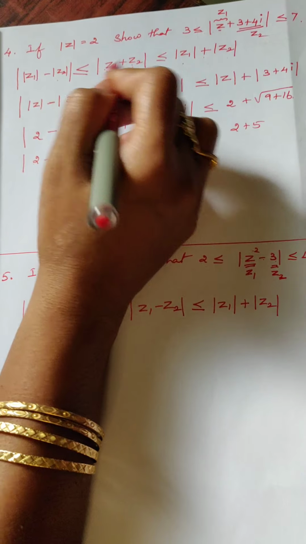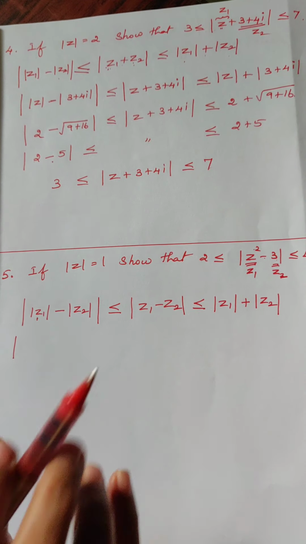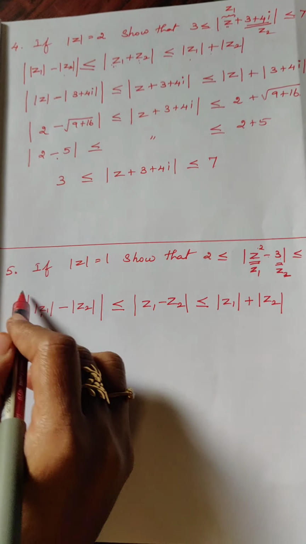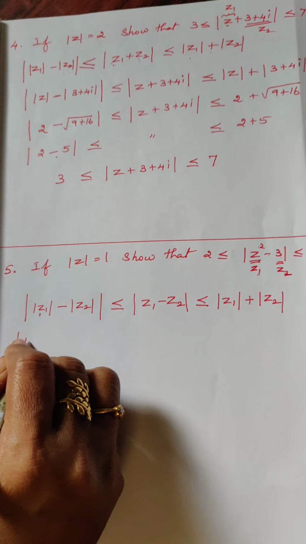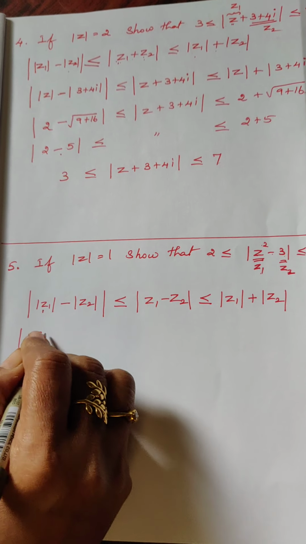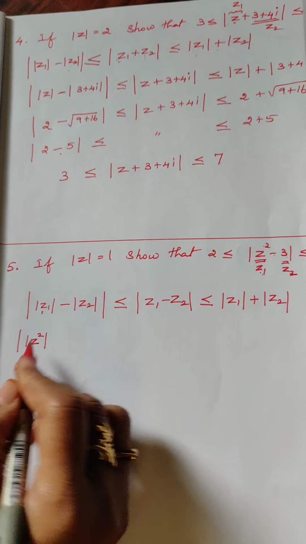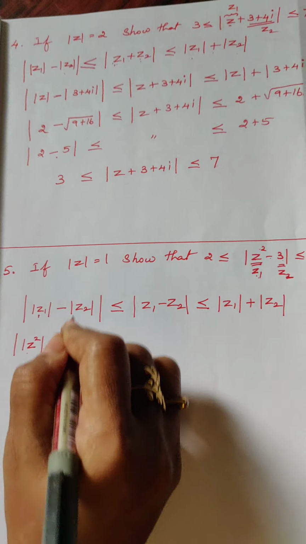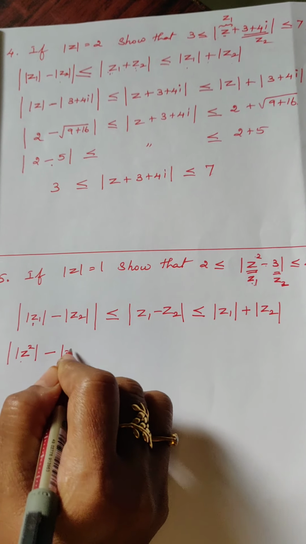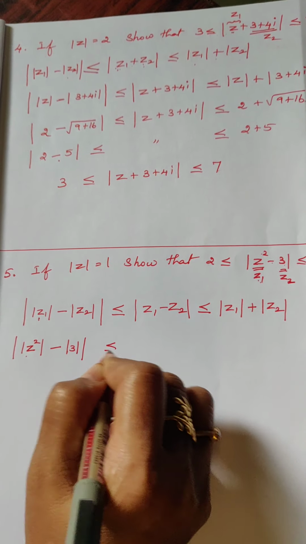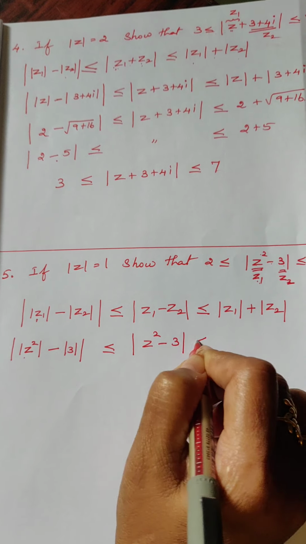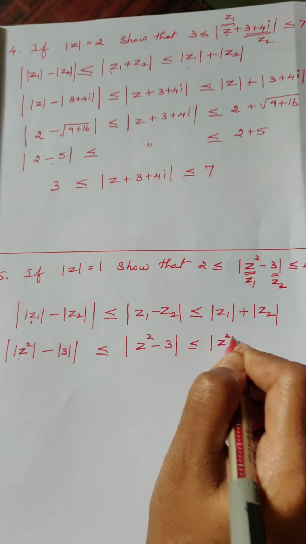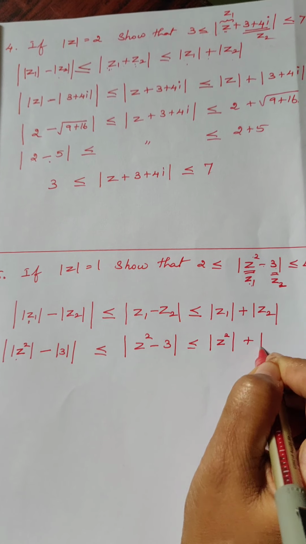In this we are applying z1 plus z2, in this we are going to apply z1 minus z2, that's all. In the place of modulus of z1, I am applying modulus of z square. Clear now? Modulus of z square minus modulus of z2, which is 3. Closing the modulus, lesser than or equal to modulus of z square minus 3, lesser than or equal to modulus of z square plus modulus of 3.